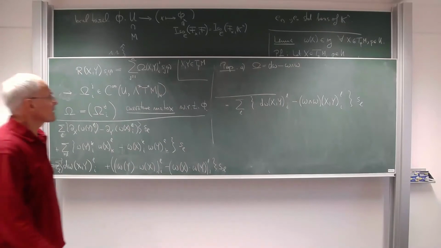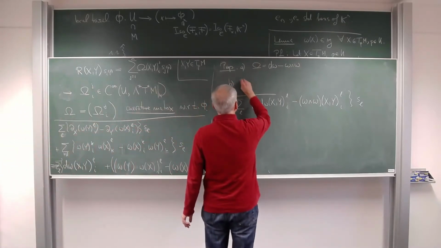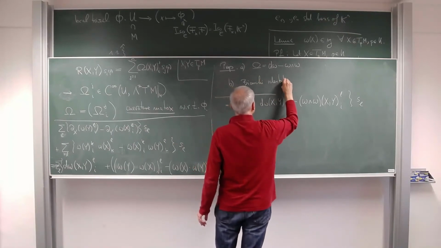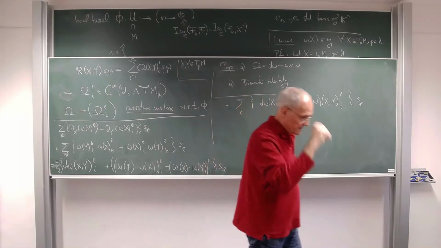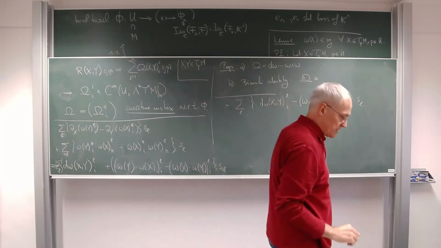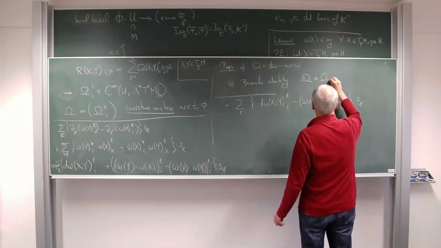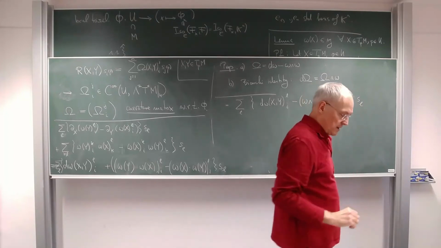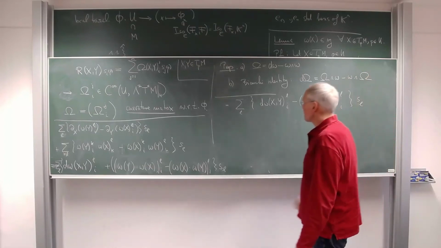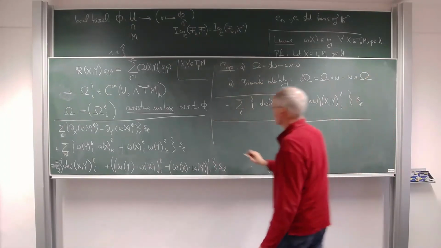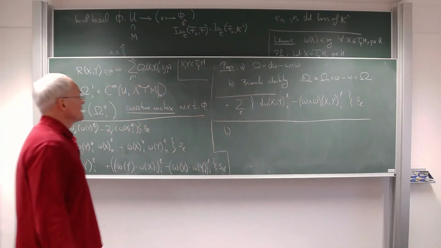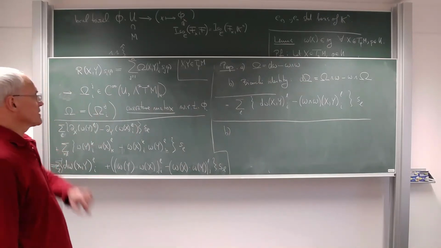All right, good. And another thing is the so-called Bianchi identity. That's the statement that if we differentiate once more, take the differential of the curvature form, then we get capital omega wedge little omega minus the other way around. But that's now relatively easy once we have the first equation.